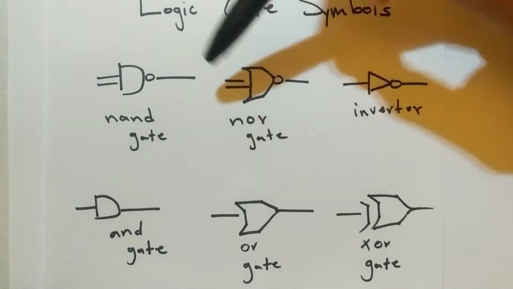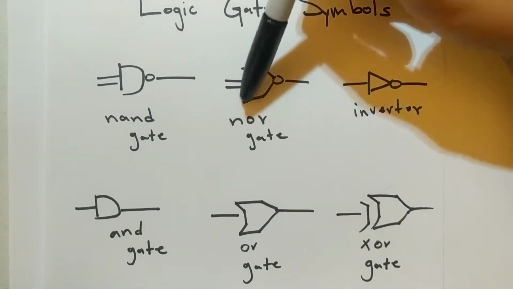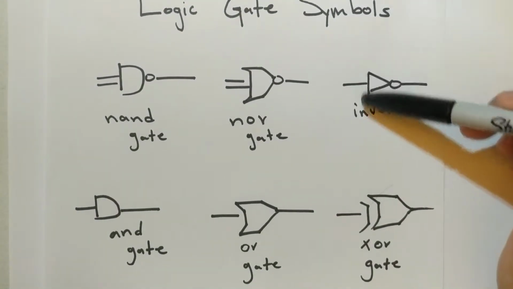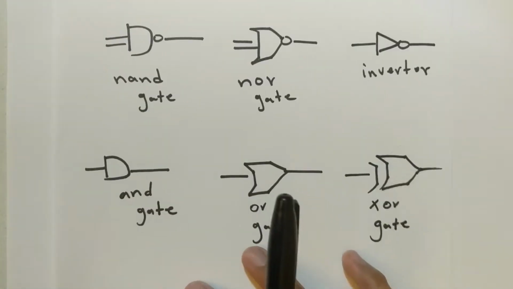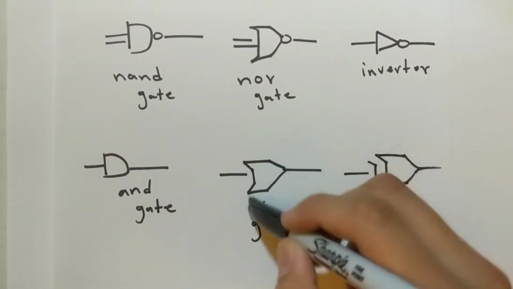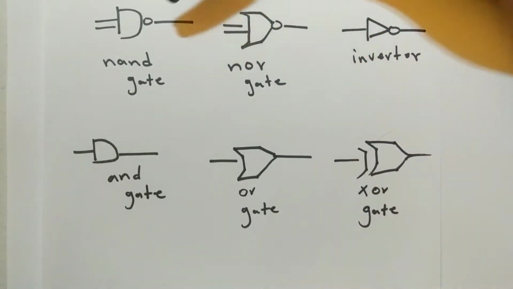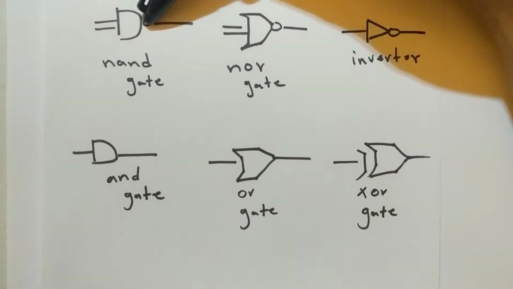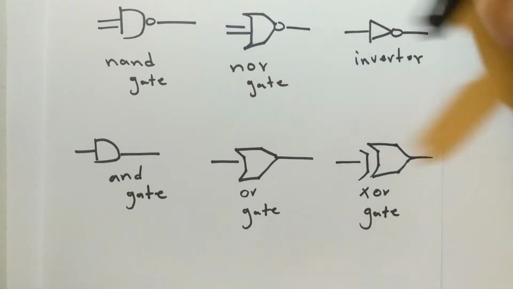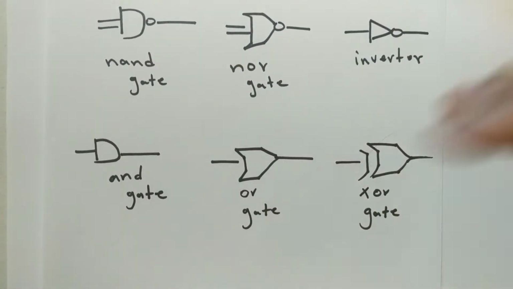The NOR gate, not OR, is represented by a spaceship shape and a circle. The inverter gate is represented by a triangle. The AND gate is basically a D, and the OR gate a spaceship. As you can see, the circle is missing in these. So whenever you see a circle, think of the inverse.